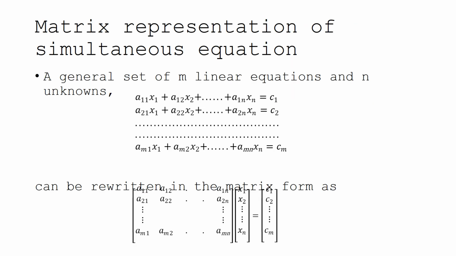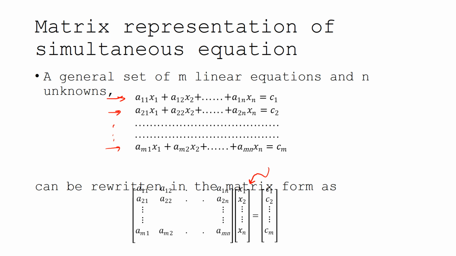So in general, if I have m linear equations with n parameters, so it's equation number 1, equation number 2, through equation number m, I can convert this set of equations into matrix multiplication as follows. So first of all, I need to have a vector that has all of my parameters or unknowns.